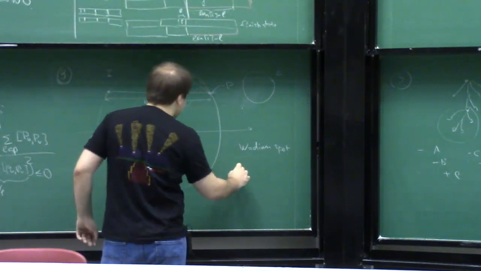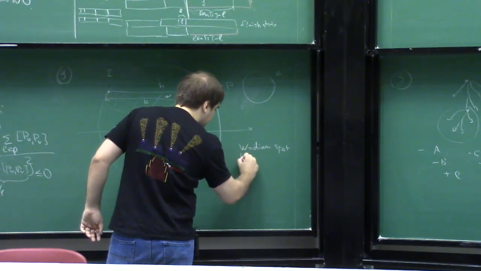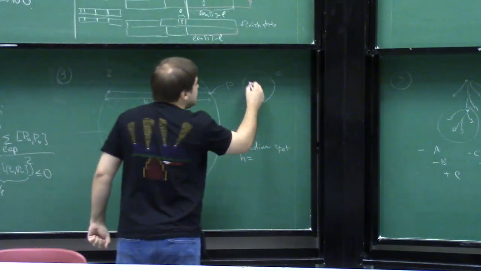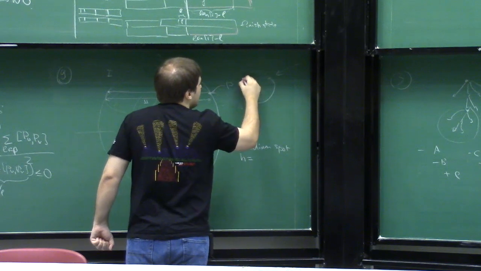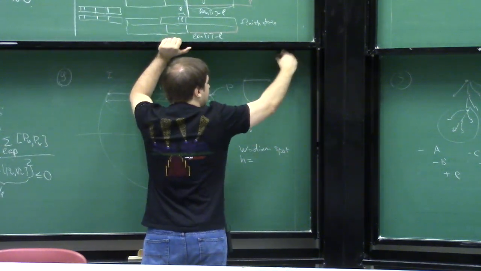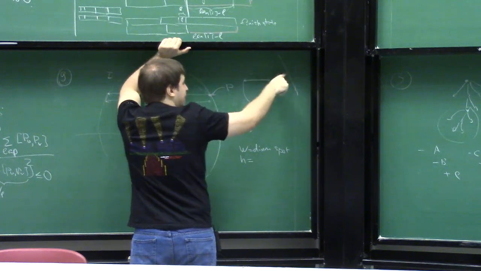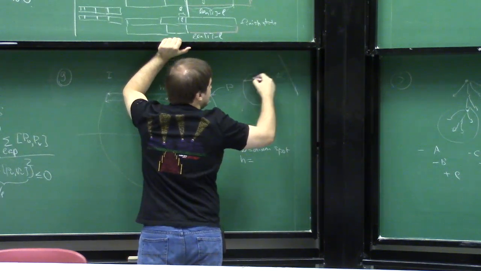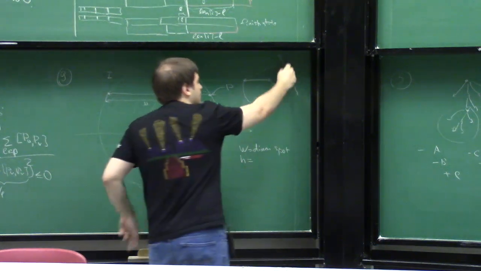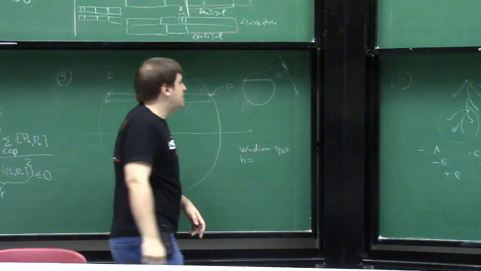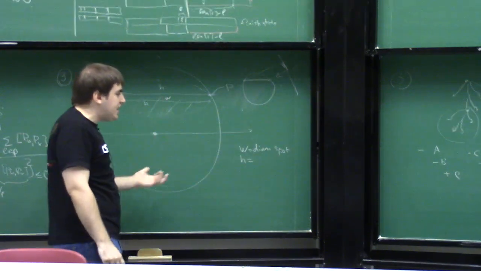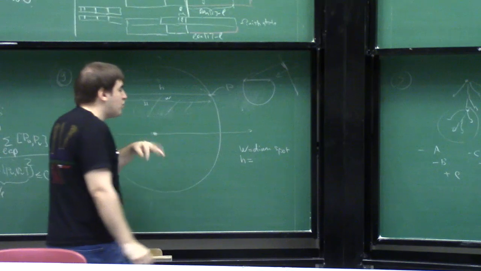Okay, what is H? H is also not really hard to calculate. H is a projection of this segment onto our view plane. This is our view plane, and we are interested in an orthogonal projection in this direction. So the length of this segment is the length of this segment multiplied by some sine or cosine.